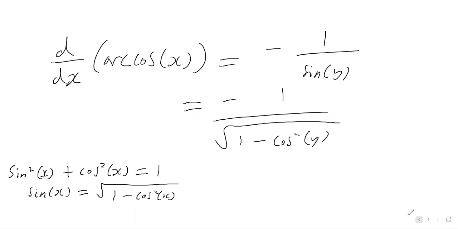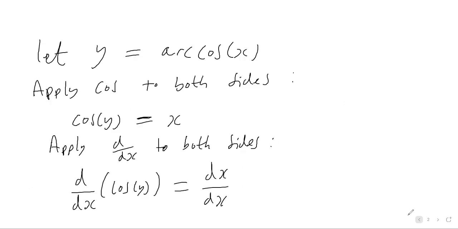Going back to earlier, we know that cos of y equals x, so cos squared of y, or cos y all squared, is the same as x squared.